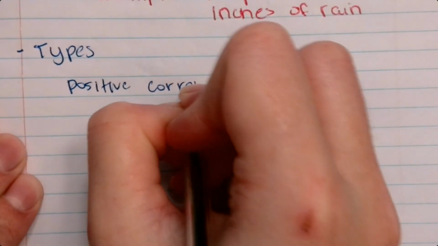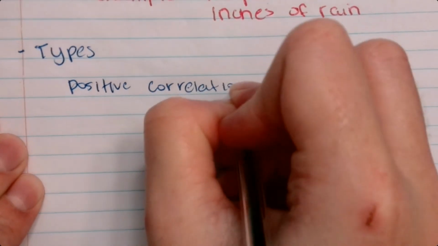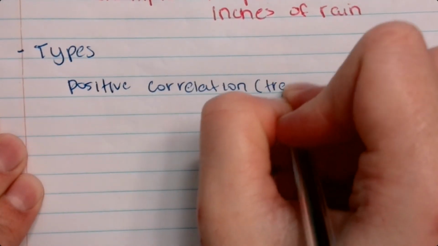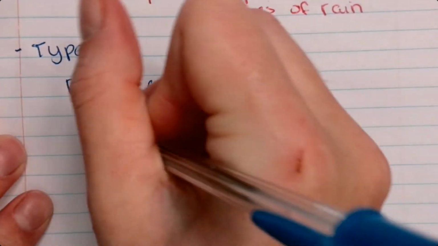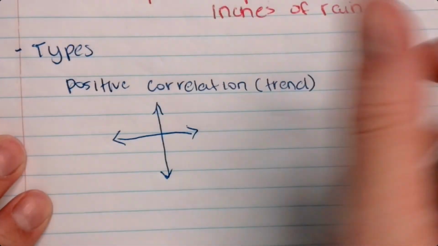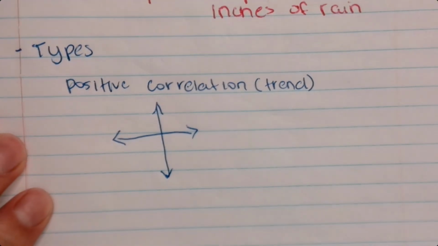All right. So our types would be positive correlation or trend is what you might see also. So if you have a coordinate plane, a positive trend, it's not going to be a straight line.